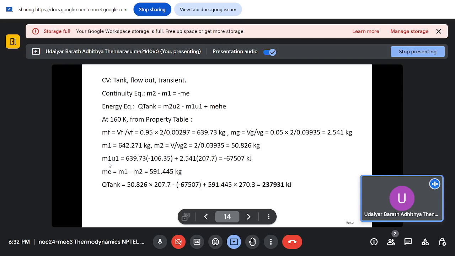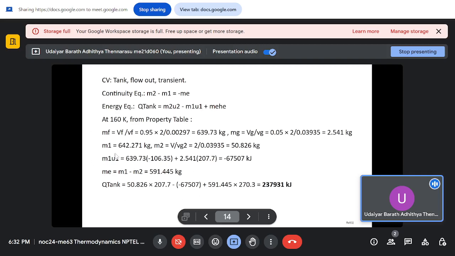And similarly at state 1 we can find out the internal energy as mass of liquid into internal energy of saturated liquid plus mass of vapor into internal energy of saturated vapor, which will come out to be minus 67507 kilojoule. And the mass which is coming out of the cylinder is M1 minus M2, which is 591.445 kg.